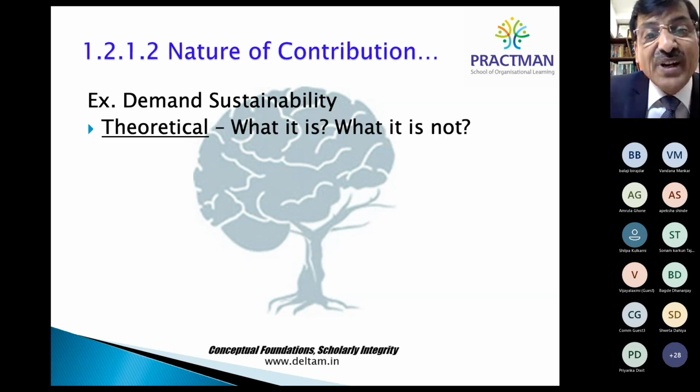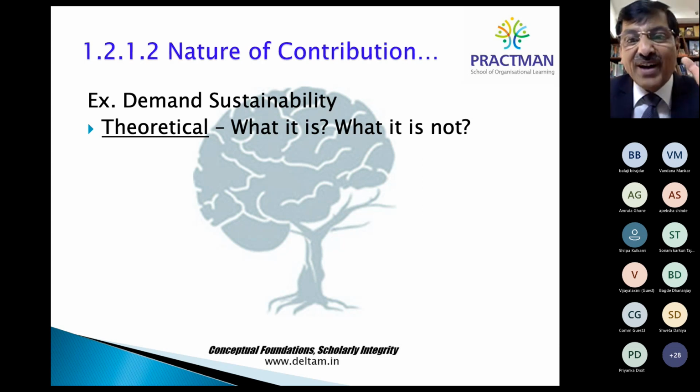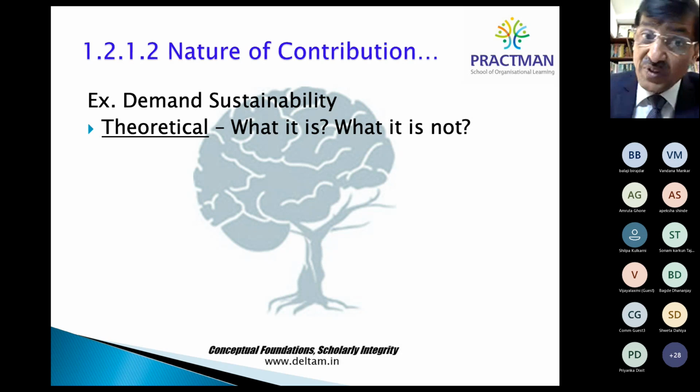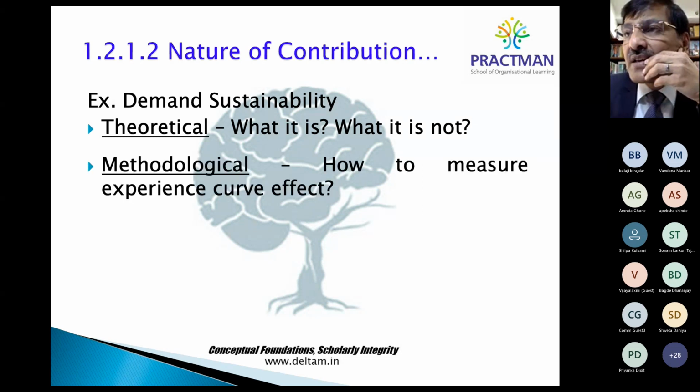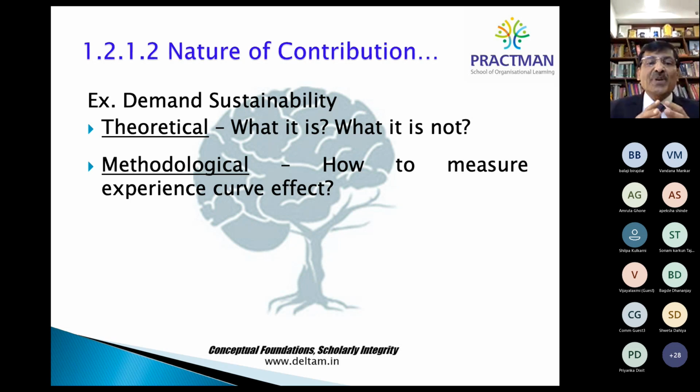Here again, three possibilities. Somebody may do research which makes primarily a theoretical contribution, and his research output would revolve around defining what exactly constitutes demand sustainability. That is theoretical contribution. Somebody may contribute methodologically, like he may measure what is called the experience curve effect.